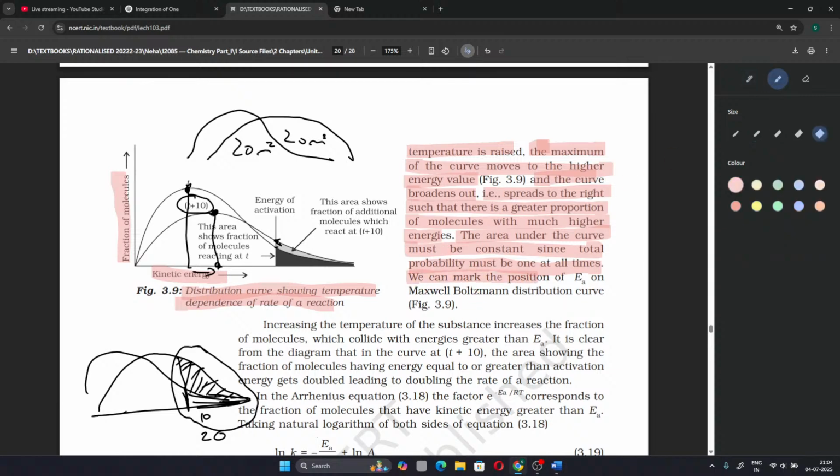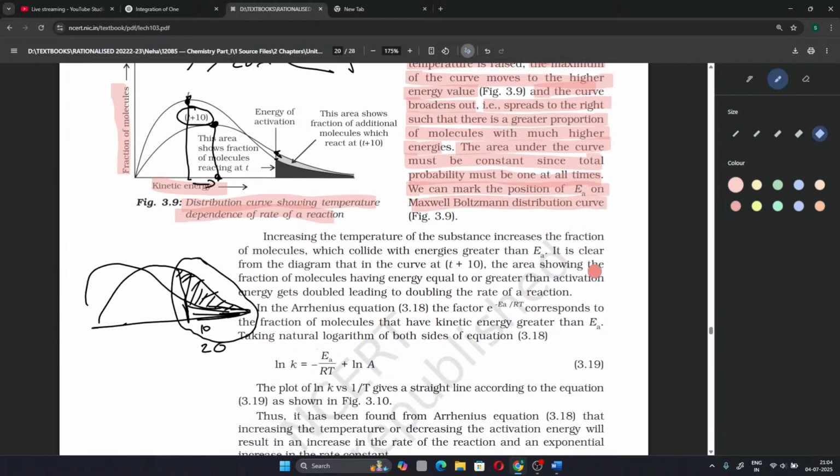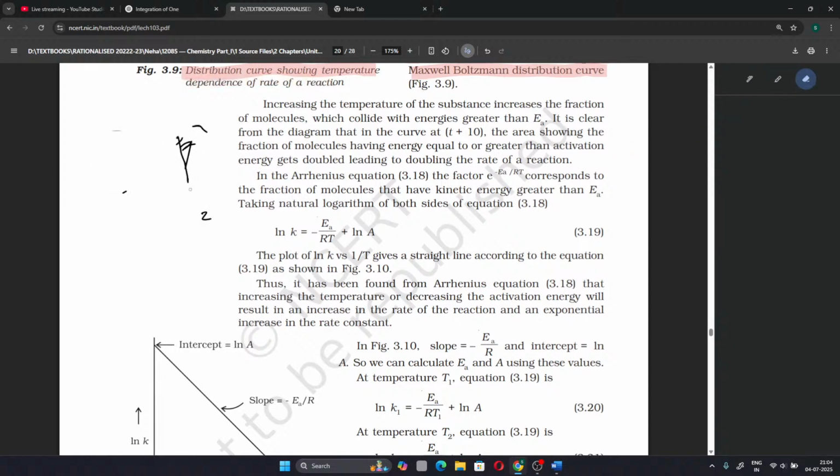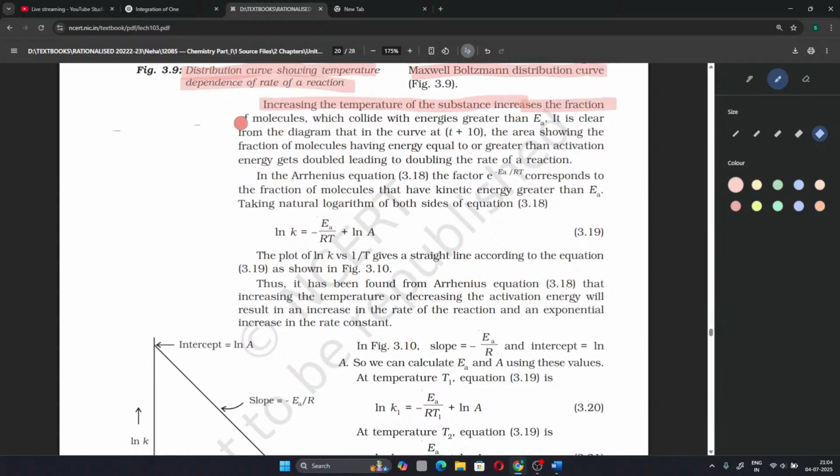We can mark the position EA on the Maxwell-Boltzmann distribution curve. Increasing the temperature of a substance increases the fraction of molecules which collide with energies greater than EA.